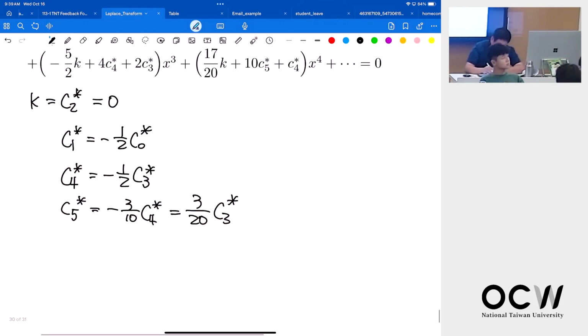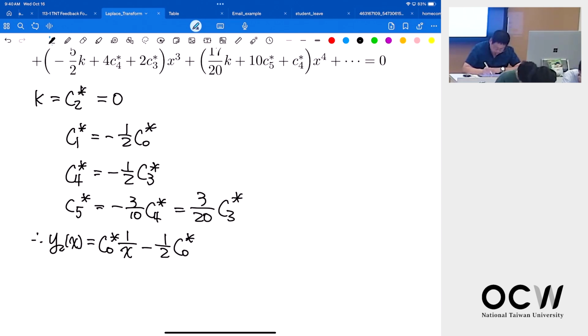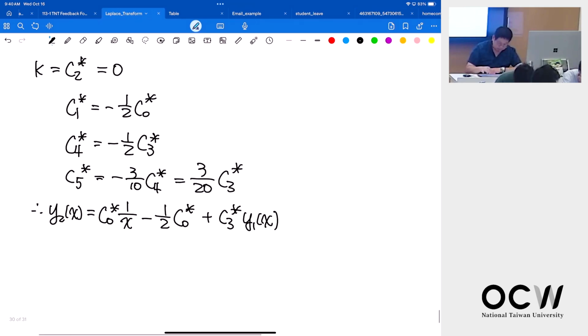Then your Y2 equals C0 star (1/x − 1/2) plus C3 star Y1/x. We can also let the C3 star equal 0.